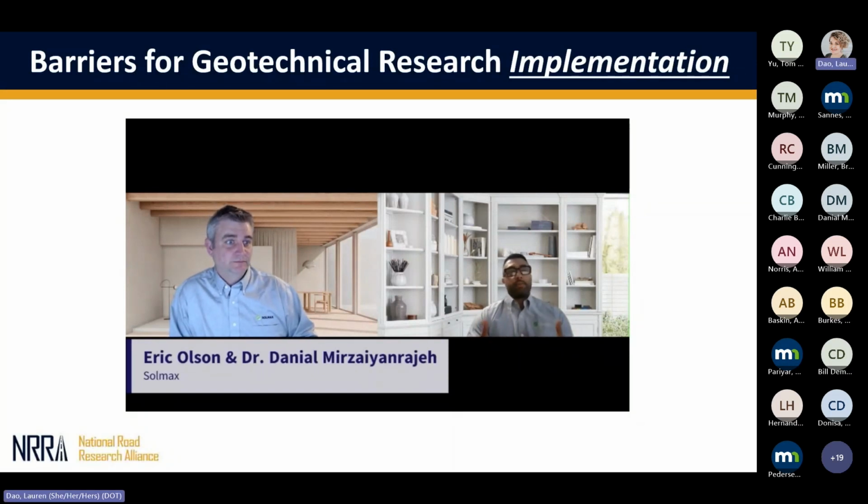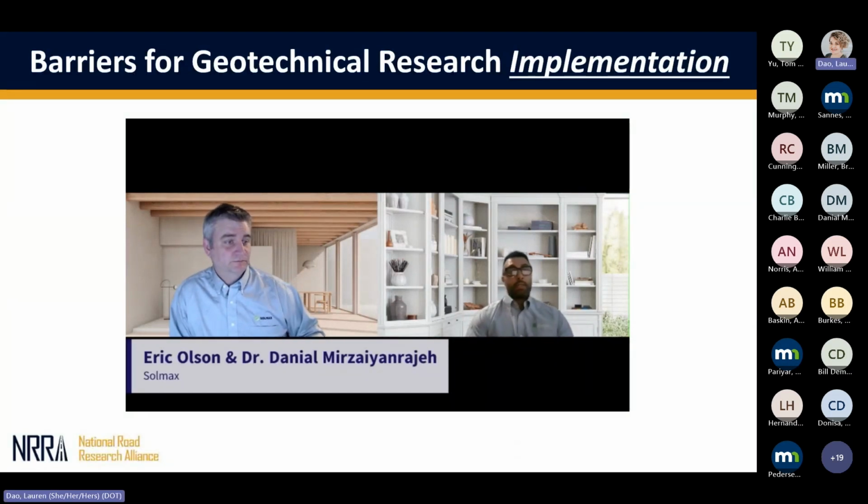And that may cause reluctance to adopt new technologies or innovative materials or innovative solutions for geotechnical problems. I'm trying to provide my general opinion, but I'm more focusing on the industry side of things.